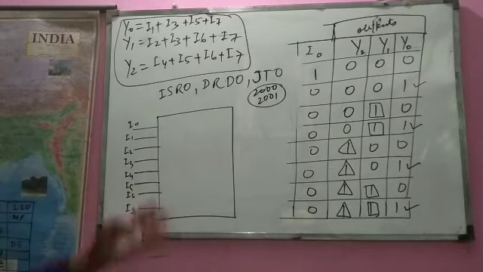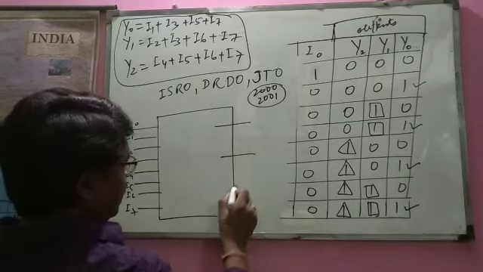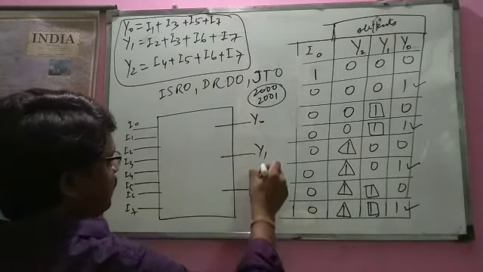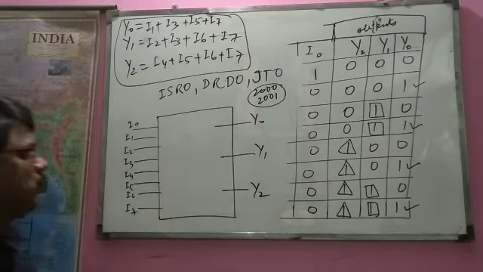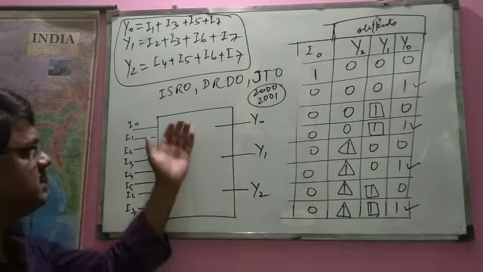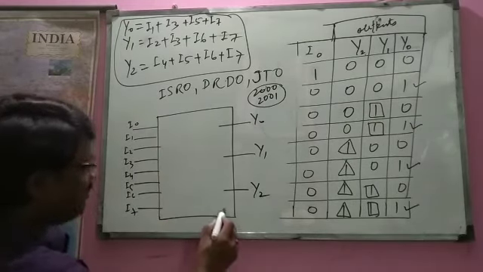And there are 3 outputs. This output is Y0, this output is Y1, and this is Y2. So what should be the circuit diagram inside this box?